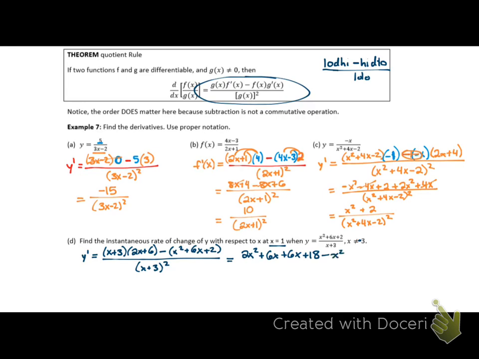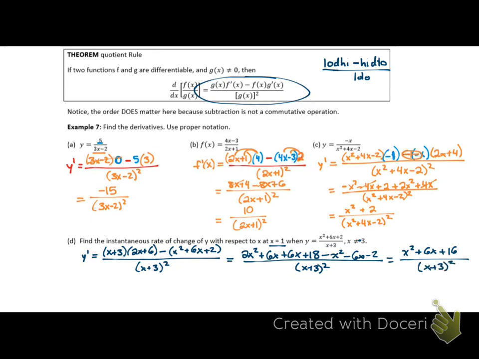So minus x squared, minus 6x minus 2, all over x plus 3 squared. And now we simplify, combine our like terms, and when we do, we end up with x squared plus 6x plus 16 all over x plus 3 squared.